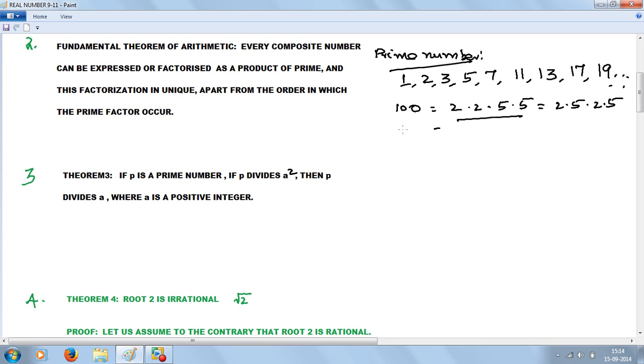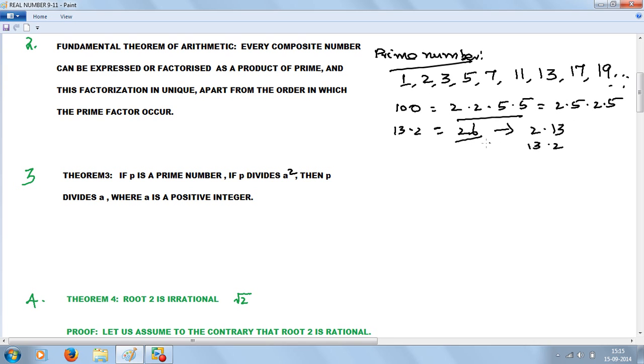Okay, let us do it the other way. You take the prime number 13 and prime number 2, so you get a composite number. This composite number you can express only as 2 multiplied by 13 or 13 multiplied by 2. The order may change, but it is only a product of these two numbers.